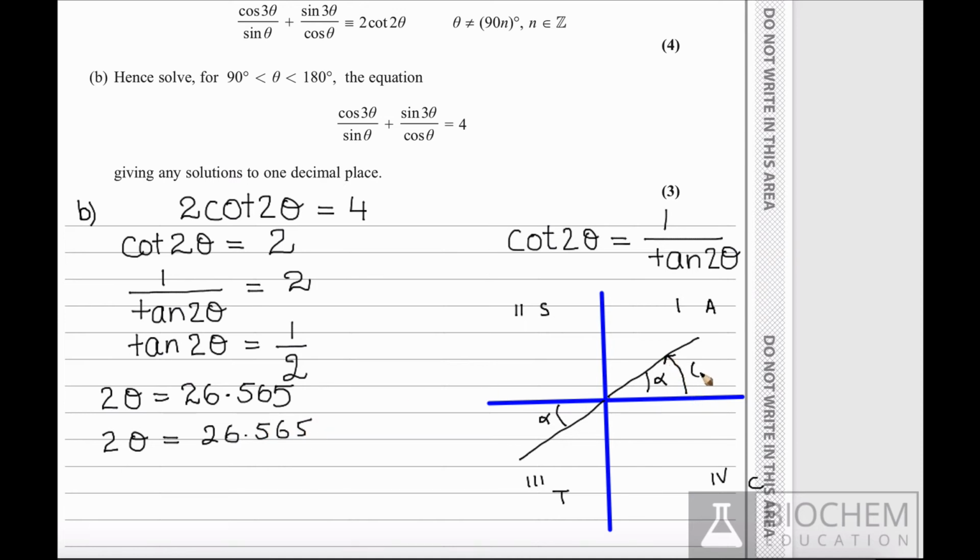And the second value would be all the way to this point here, and that would be 180 plus alpha, giving you an answer of 206.565.